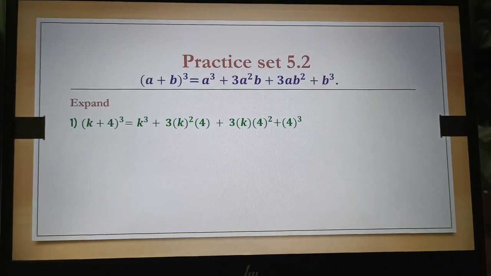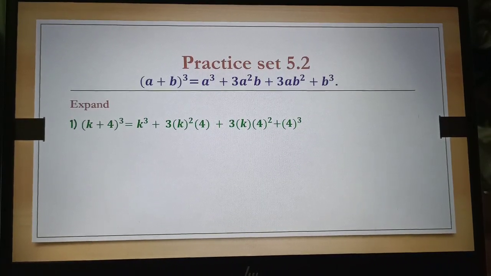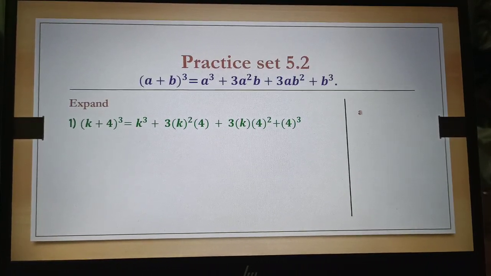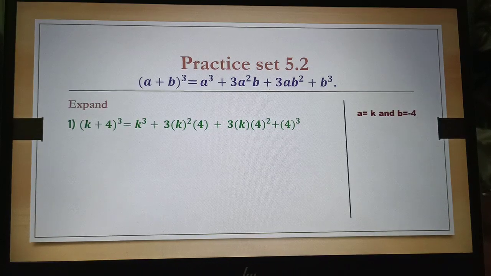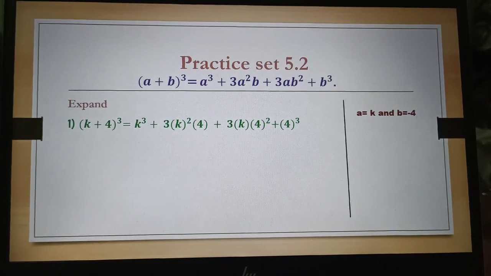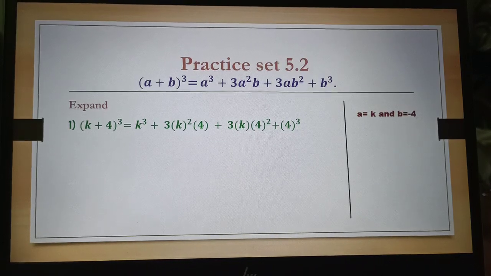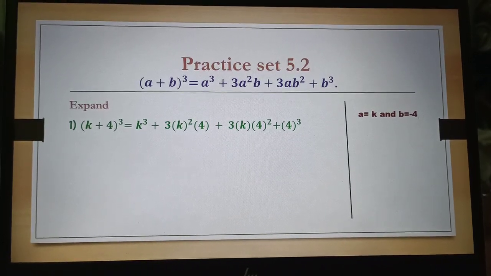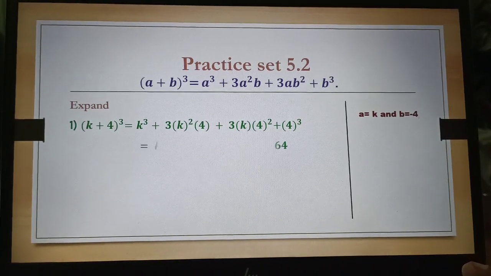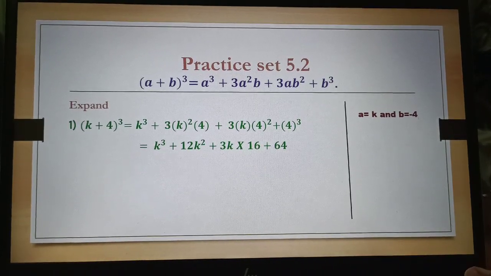So here we are going to write a is equal to k and b is equal to 4. That means k cube plus 3 into k square into 4 plus 3 into k into 4 square plus 4 cube.